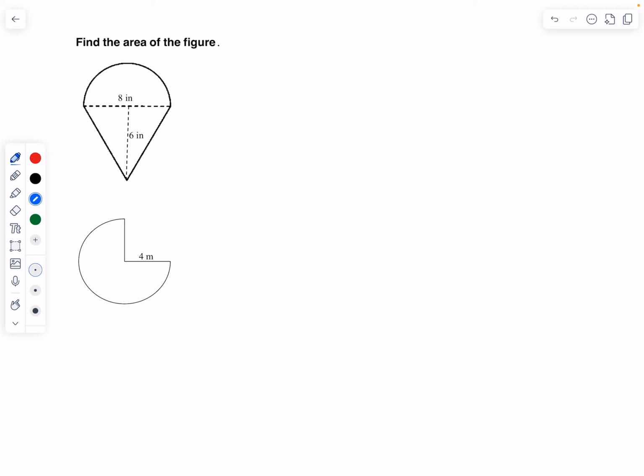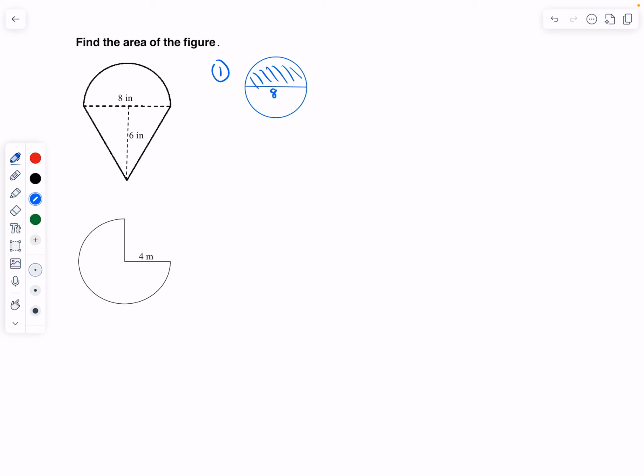So now we're mixing some stuff up. If you look at this figure, it's a cone. It looks like an ice cream cone, you know? So the top of it is a semicircle, right? So, you know, this is what we're dealing with.